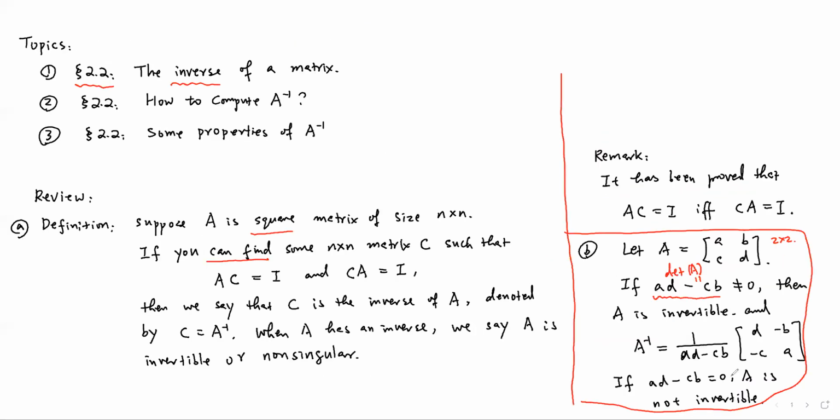Solve this matrix equation: A times X equals the identity matrix, all n by n. If I can find some n by n matrix such that this equation is true, then by definition matrix A has an inverse.